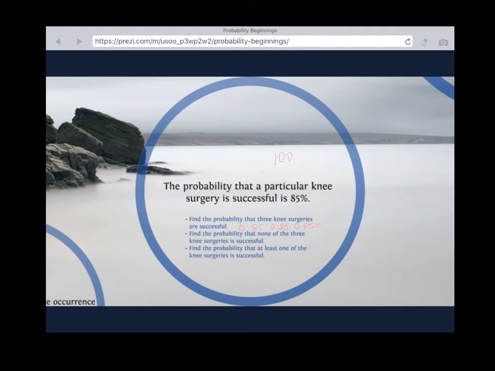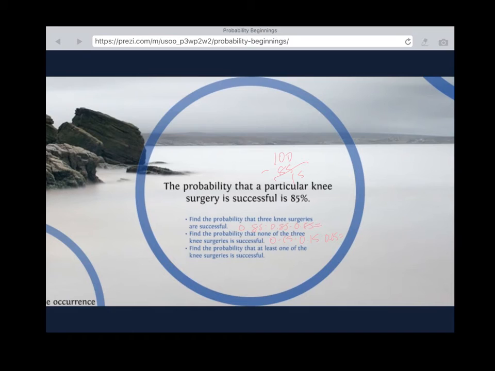So 100 minus 85 would give us 15. So if 15%, and there's 3 of them, so 0.15 times 0.15 times 0.15, that will give you the percent that none of the 3 are successful.